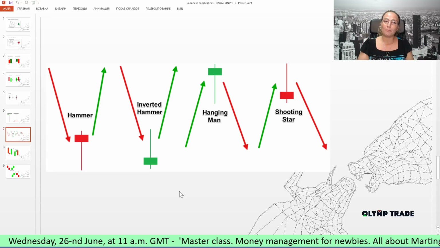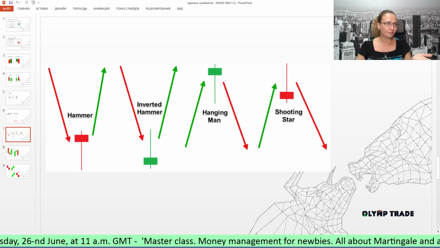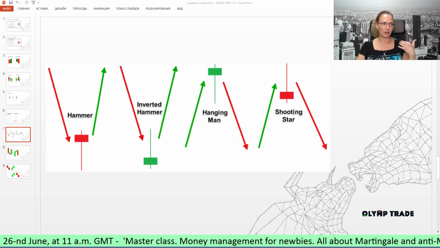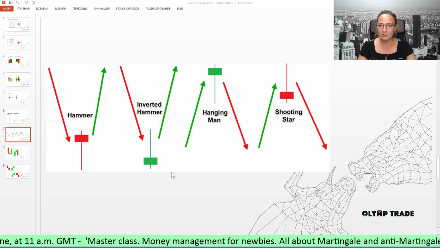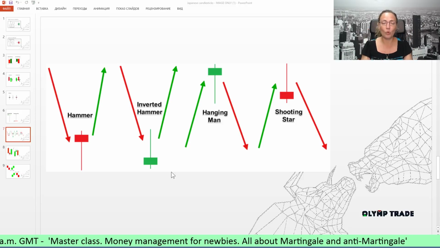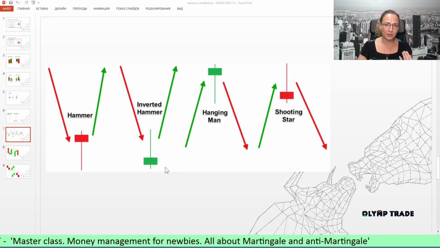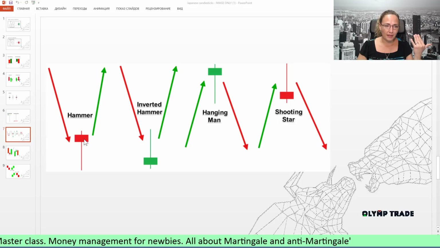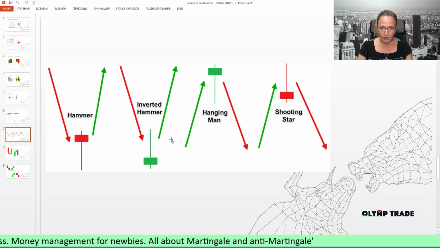Once again, I would suggest not to focus too much on the names and the memorizing of them. A lot of people will simply refer to this as a hammer or a pin bar. It's just a lot more simple this way, I believe, because as you can see, the hammer can be either with a long wick to the downside, or a long wick to the upside, and it can be red or it can be green.